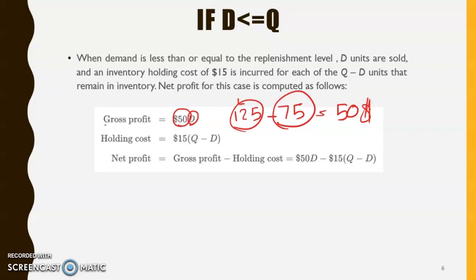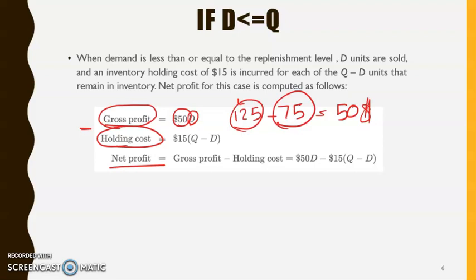So you have the gross profit and you have the holding cost. If you deduct holding cost from gross profit, you get net profit. So net profit equals gross profit minus holding cost, 50D minus the holding cost.